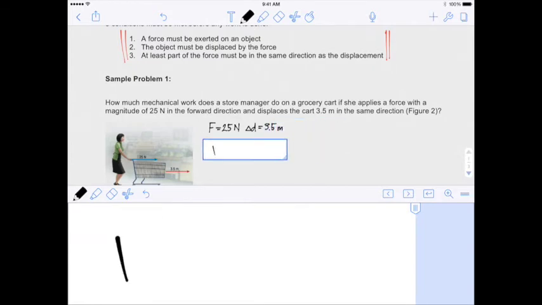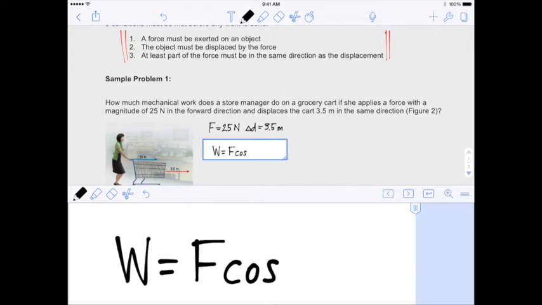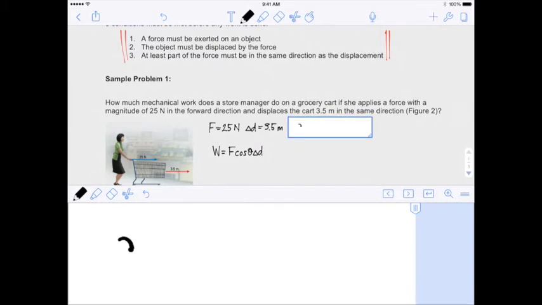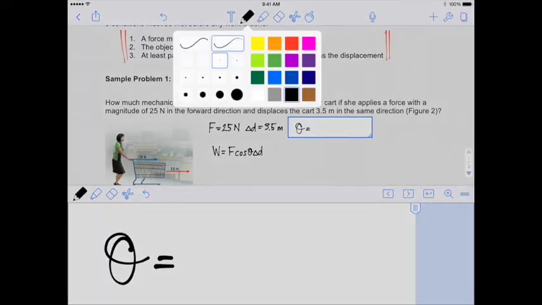The question is asking us for work, and we know that work is equal to F cos theta delta D. We also need theta. So theta is described as the angle in between the force and the displacement.